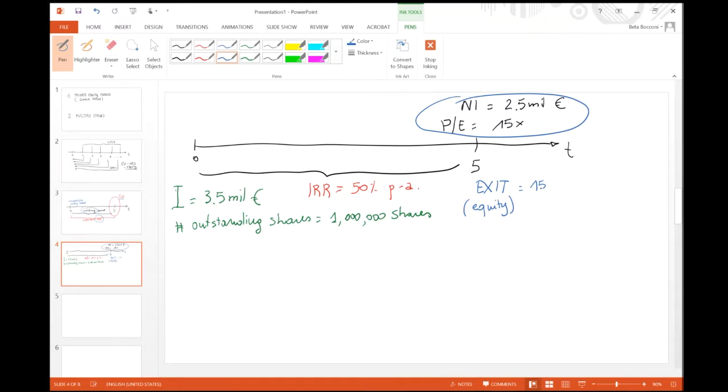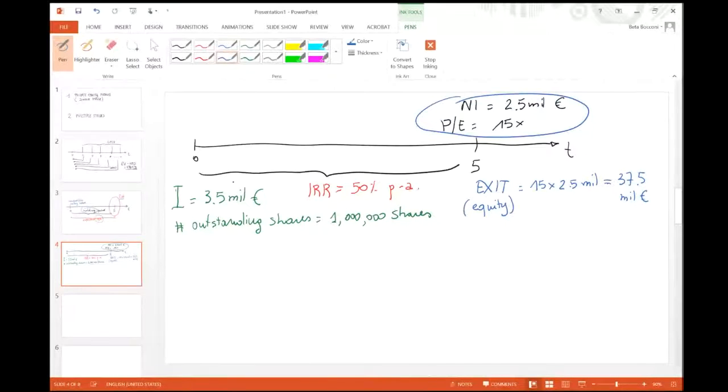It is 15 times 2.5 million, which corresponds to an amount of 37.5 million euros. So now we have the value that we assume the company will have when we, private equity investors, exit the investment in 5 years' time.